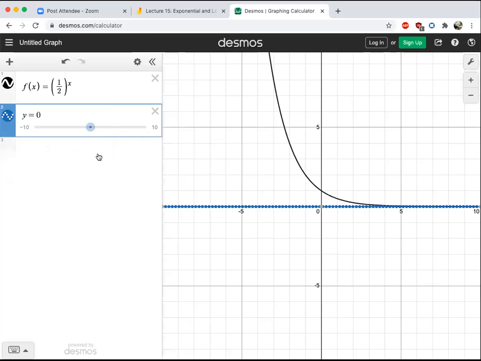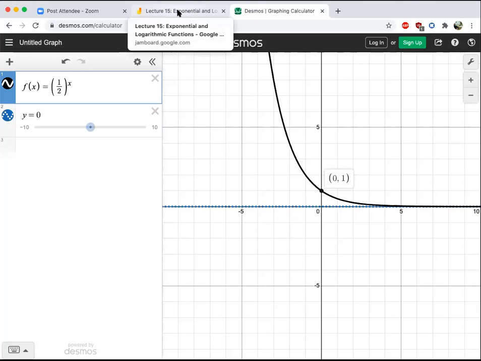The last two, the x-intercepts, remember it doesn't cross the x-axis, so there's none of those. But for the y-intercepts, where does it cross the y-axis? Right here, 0, 1, just as we predicted. And remember, the only thing we did with that was we let x be 0, and we just saw what happened. So that is my y-intercept, where it crosses the y-axis.